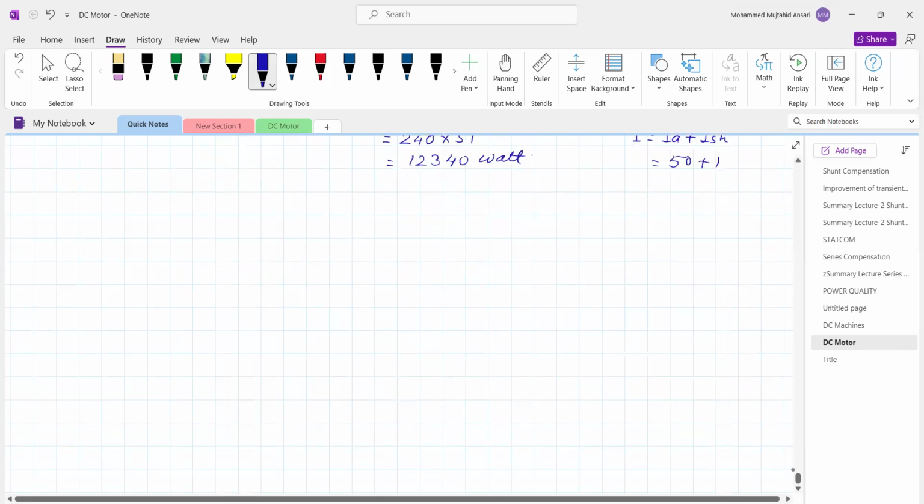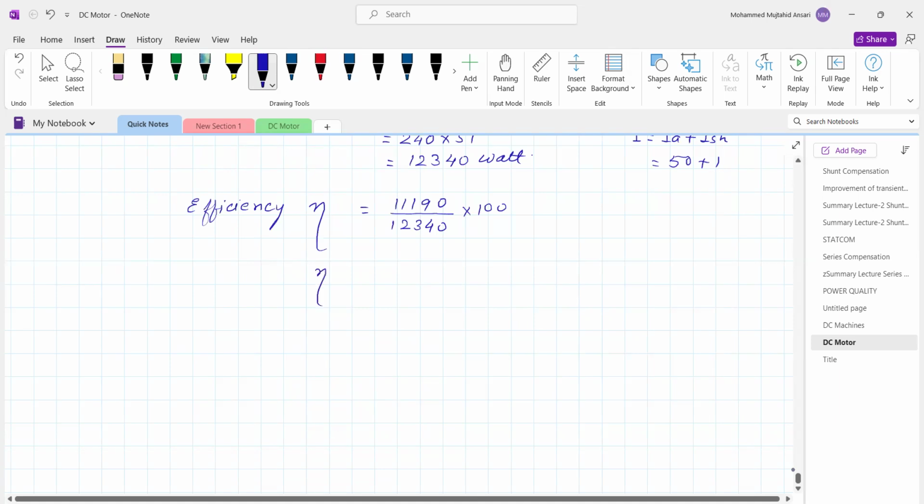So we know the input and we know the output. Efficiency is equal to the output, as it is given, 11,190 watt, divided by the input 12,340, multiplied by 100.